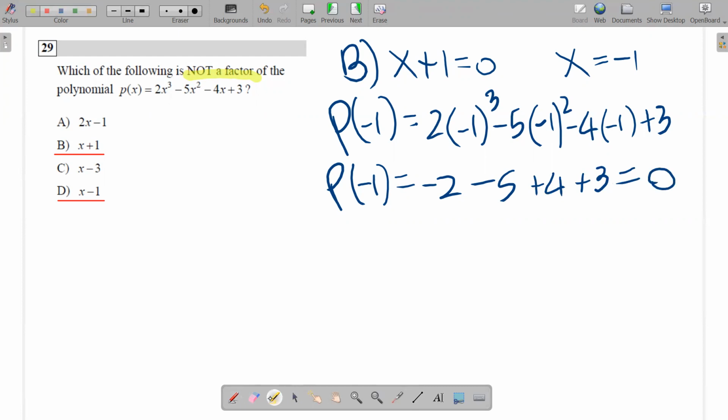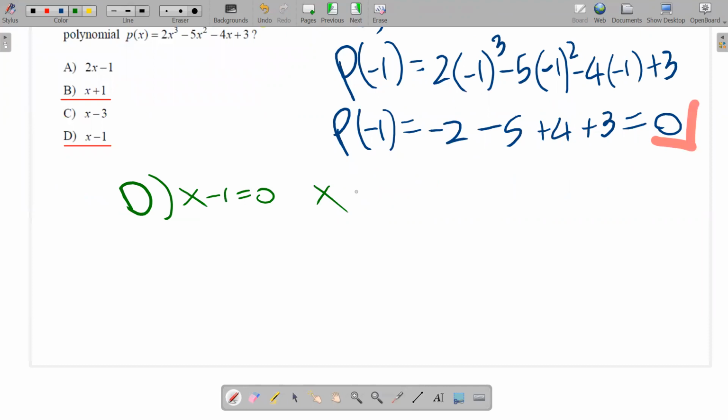All these at the end will be 0. What does it mean? Well, it means that this binomial is a factor of this function, because the result when we apply x equal to -1 is equal to 0. That means that B is not the answer for this question. Let's try then D. If we try D, that means that x minus 1 is the binomial that will be placed equal to 0. And now we have x equal to 1. Since x is equal to 1, P of 1 will be just those values.